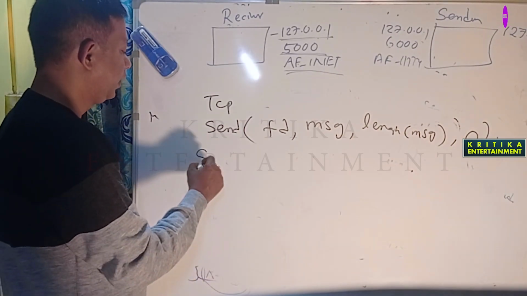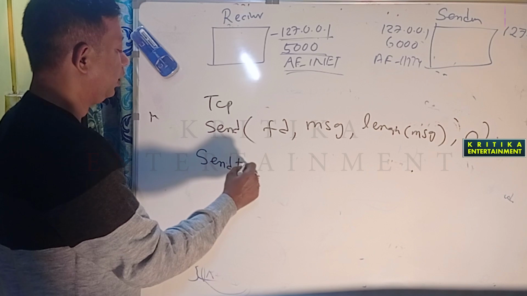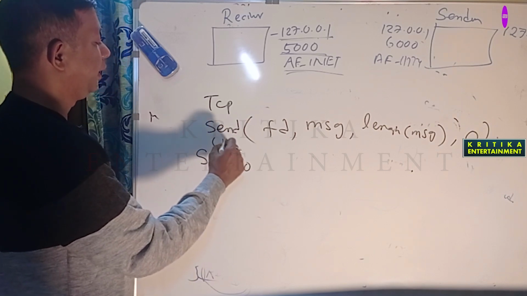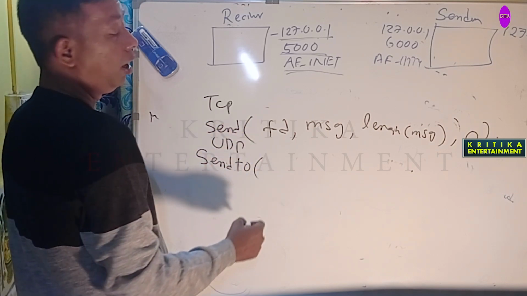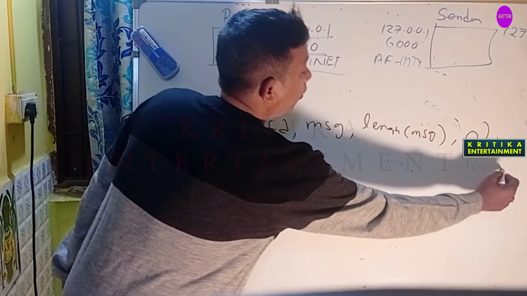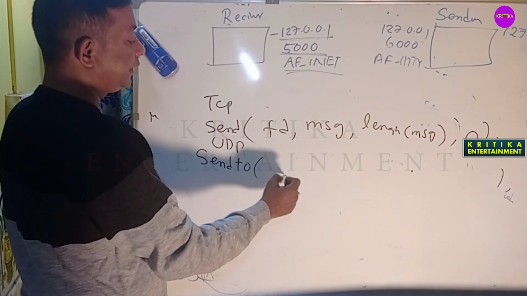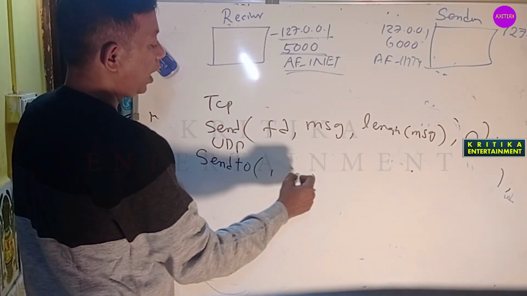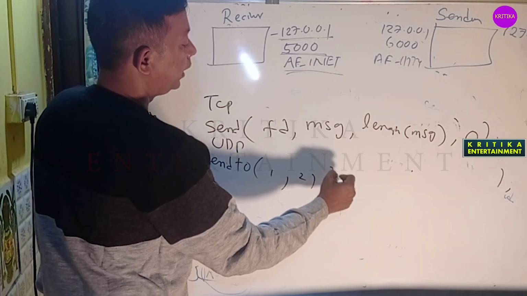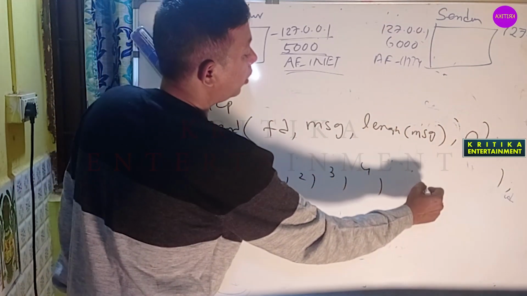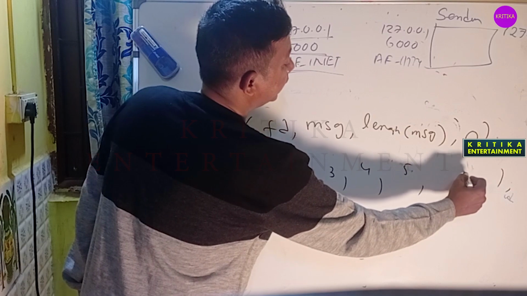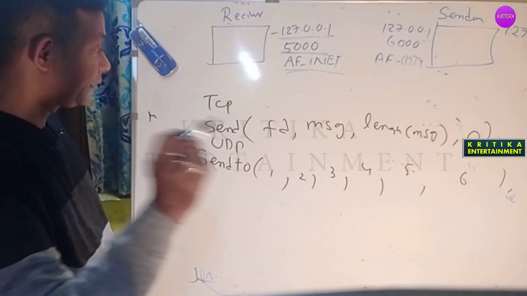Then in UDP, how many arguments are there? Here we pass 6 arguments. What are those 6?